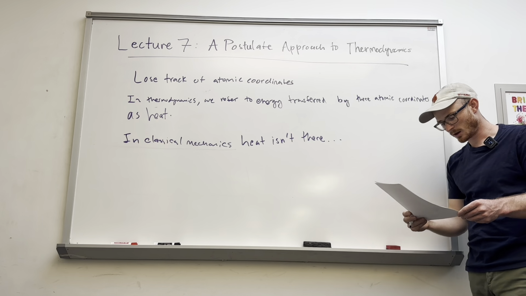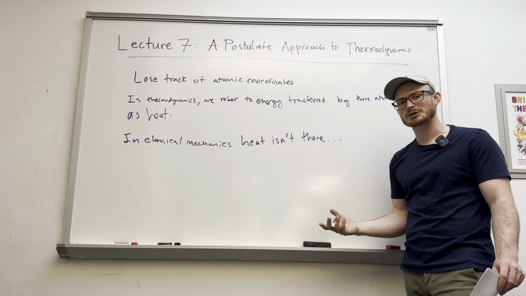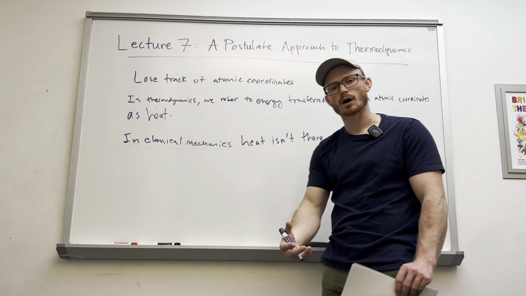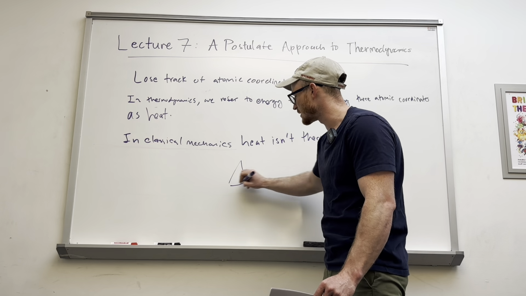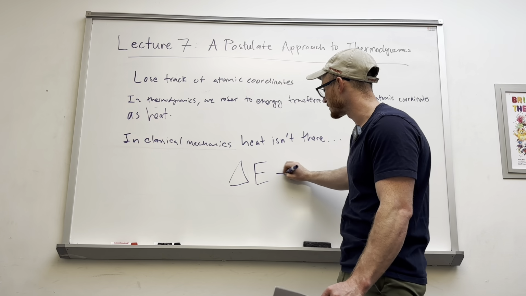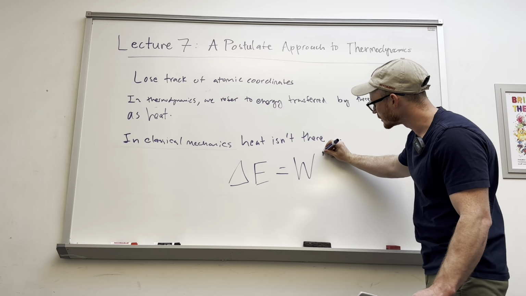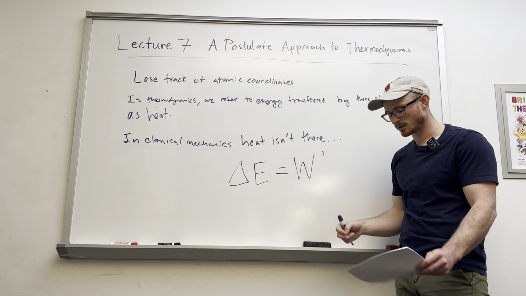Well, the reason is that we can completely characterize the energy of the system by looking at the classical mechanical work. And this is what we discussed in lecture 2. So we can look at changes in energy in a classical mechanical system, and we can say that's due to the work done on the system. I'm going to use this W prime, or work done on the system, right?